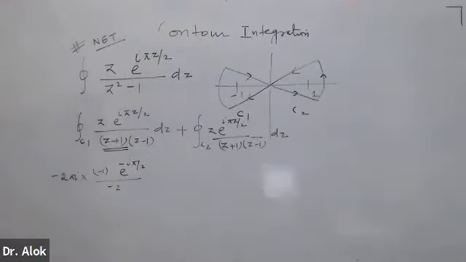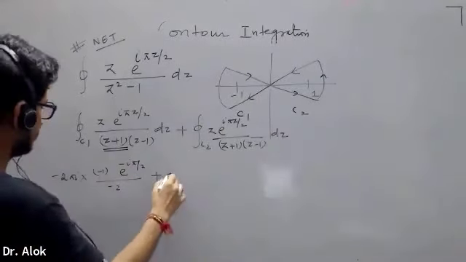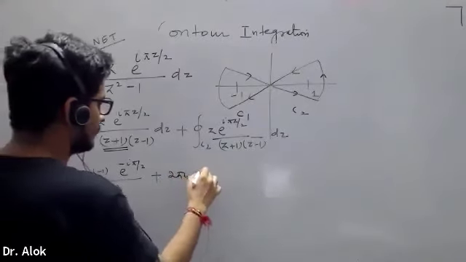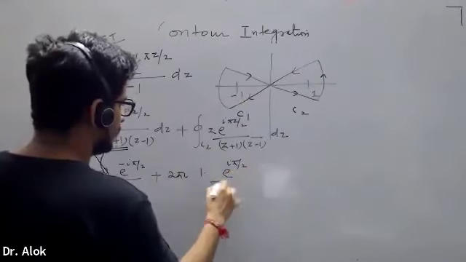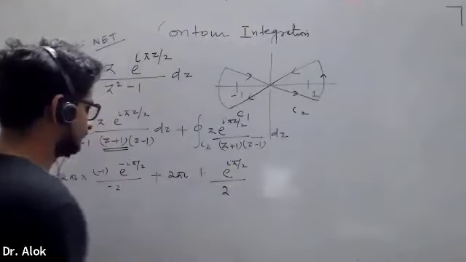अब आप ऐसे करने लगते हो डायरेक्ट. And then plus, what about this? 2 pi I into 1 e to the power I pi by 2 over 2.